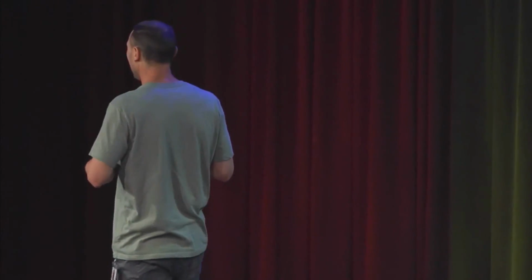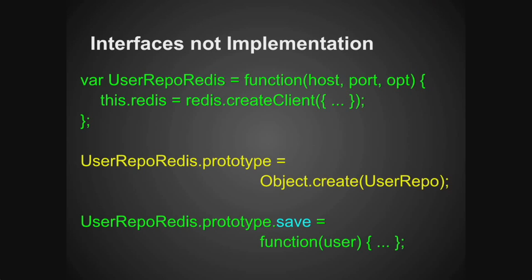So now when I want to actually have an implementation of that interface in JavaScript, it looks something like this. First, I have a constructor function, which takes parameters specific to that implementation. So here I'm using the Redis data store to implement the user repo interface. And it takes some host and port options, sort of injected dependencies, as we'll see, into the constructor. And then I have my Redis client here.